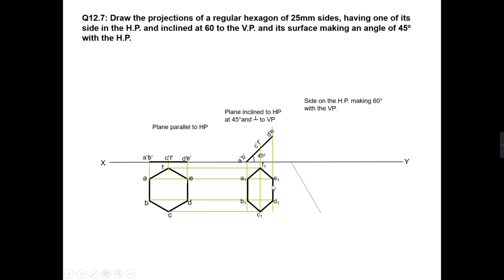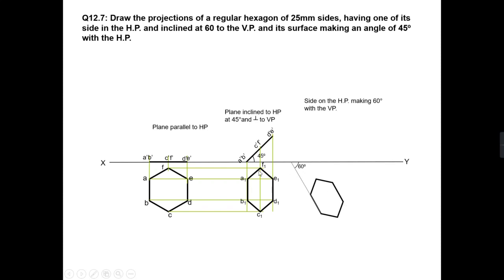Okay, so I know the dimension of this figure. I will draw the same figure here. Okay, I know the side of this length. I will mark it here. Then I know this distance, so you can mark these 2 points.